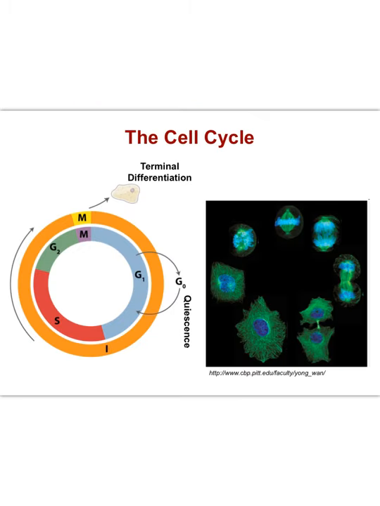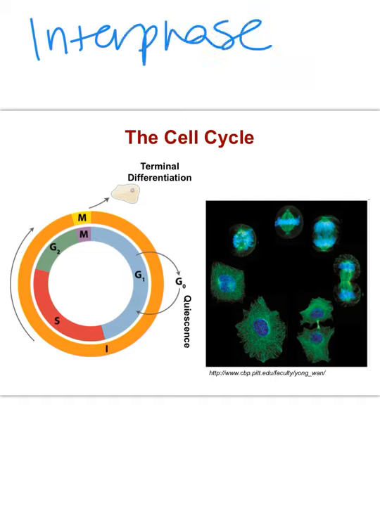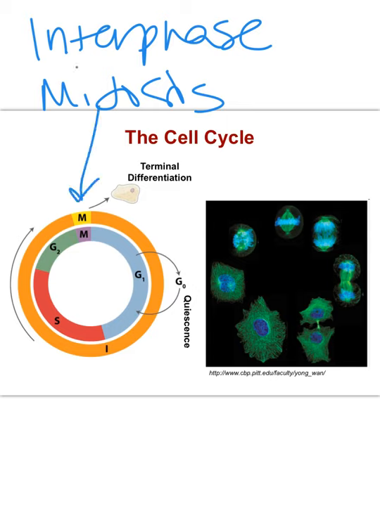So let's take a look. If we remember, the cell cycle is composed of interphase, which in our little diagram is the orange, and mitosis, which we show in yellow, the M. The M is just a little part of the cell cycle.